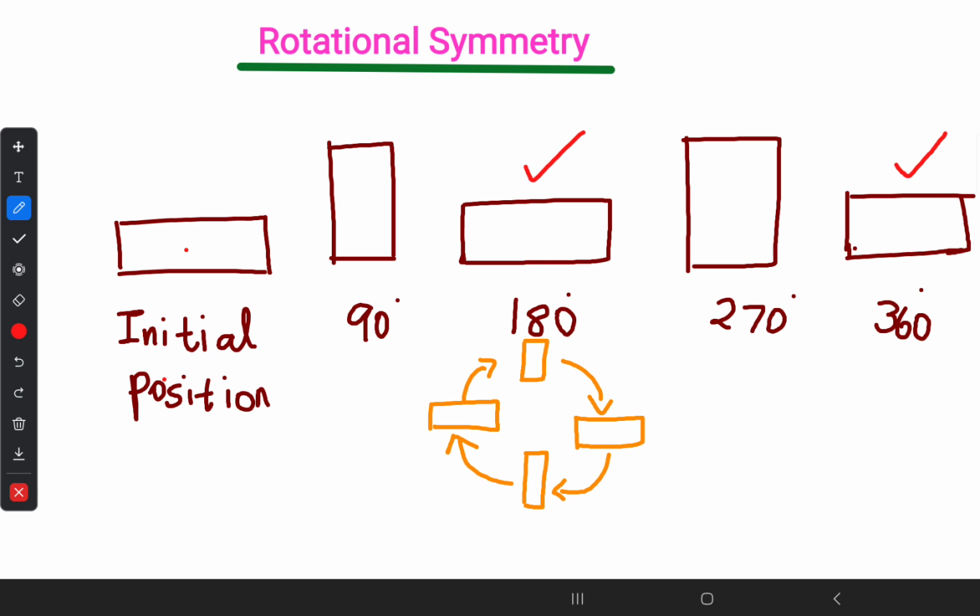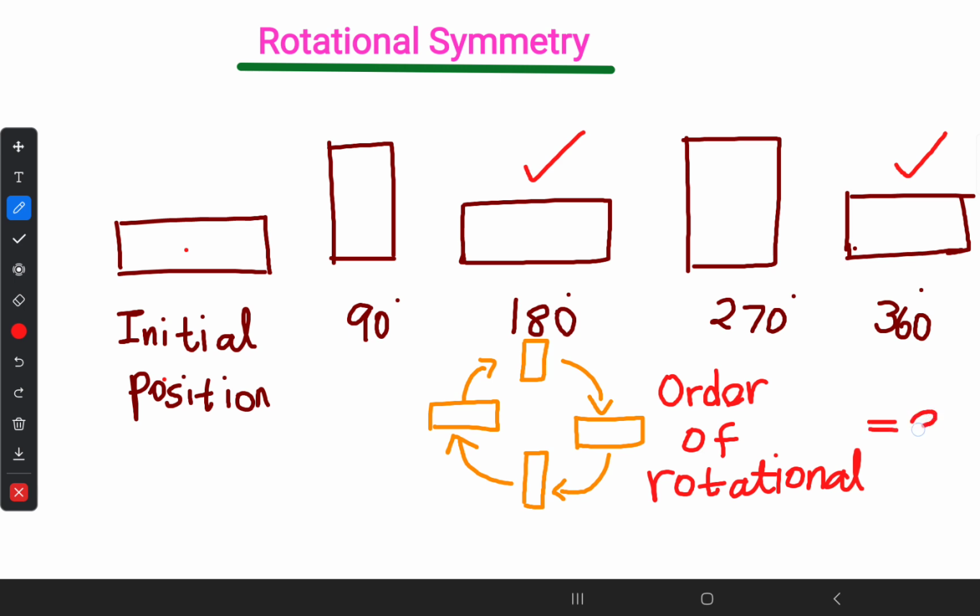So for a rectangle, the order of rotational symmetry of this rectangle would be equal to 2. Because this is the initial position, we rotated 90 degrees, we cannot achieve the same initial position again.